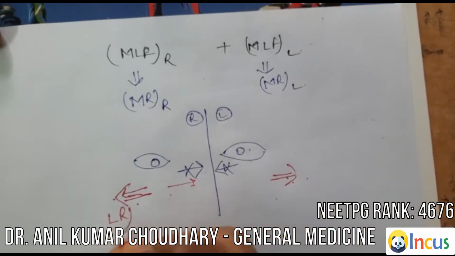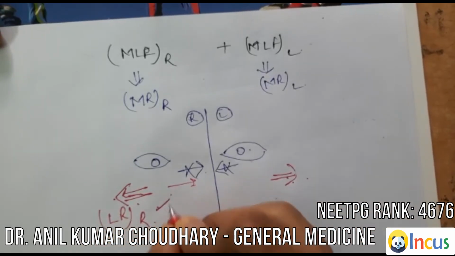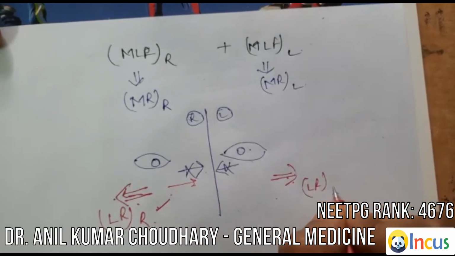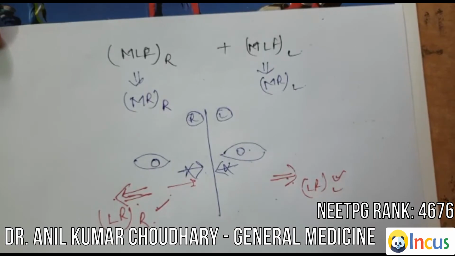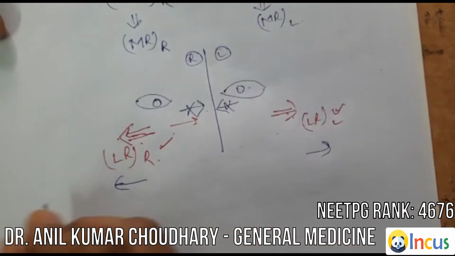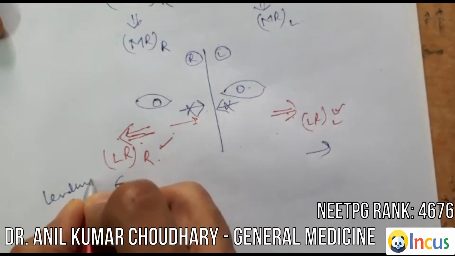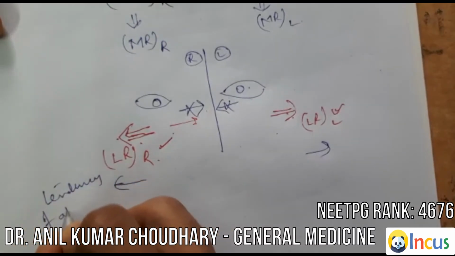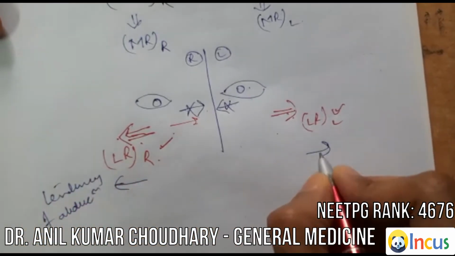That means the lateral rectus of the right eye is functioning more, the lateral rectus of the left eye is functioning more. It's basically unopposed action. So the eye has got a tendency of abduction. Similarly here.